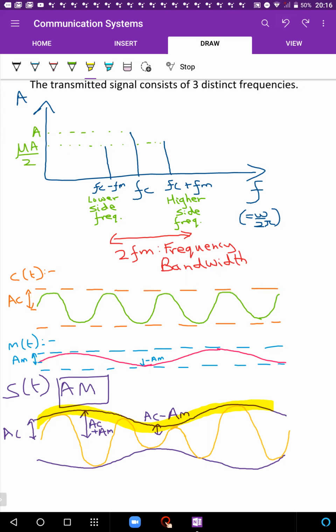When the receiver receives this, it will detect this amplitude and remove the AC from it, and the remaining ups and downs after removing AC, that is our message. Did you get the idea?